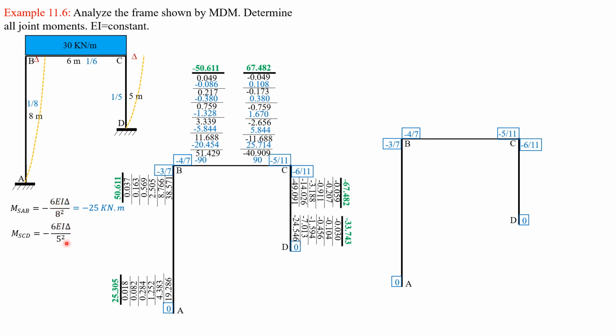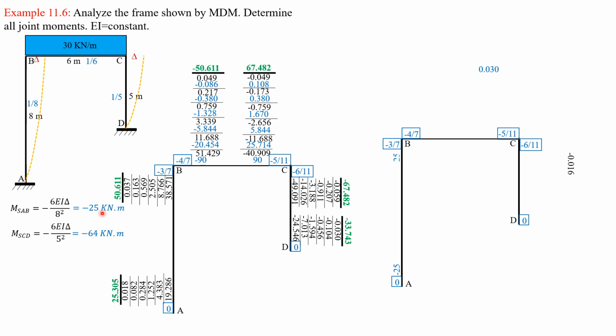I multiplied the side sway moment in AB by the LCD of these denominators, namely 64 and 25. So 8 square times 5 square gives negative 25. Same is true here, I multiply this by the LCD, 8 square times 5 square. That's why we have negative 64.